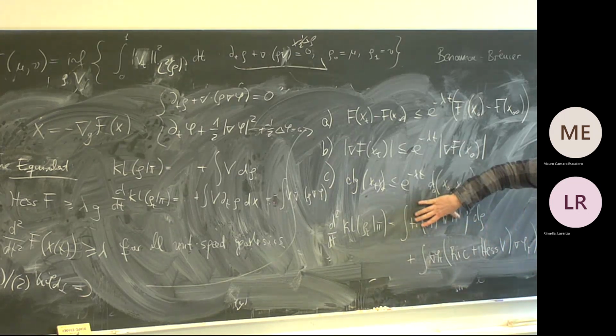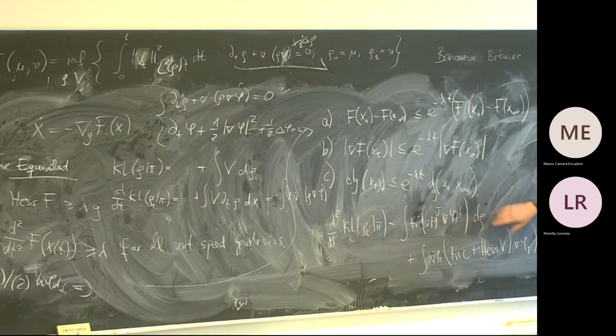This term you can then drop. This is a contribution from the underlying Riemannian manifold, the Ricci curvature of the underlying Riemannian manifold. You can say it's 0 if you want to do R^d.